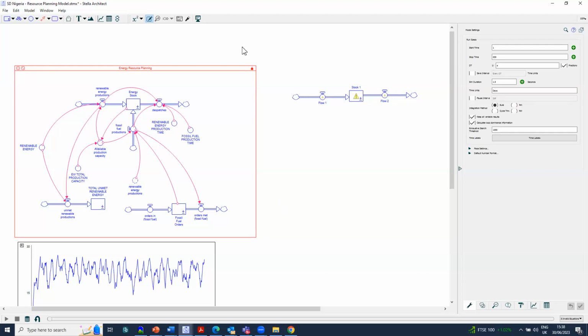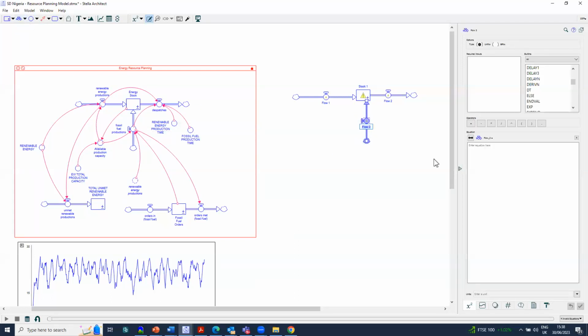If I want to add one more thing that goes in, I will have to do this from outside to inside. So that's where it goes.